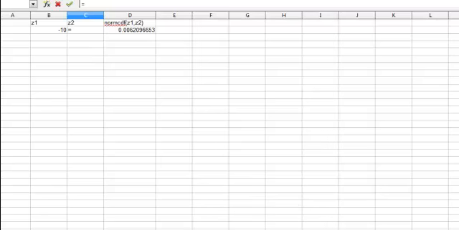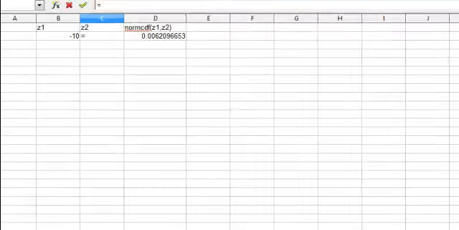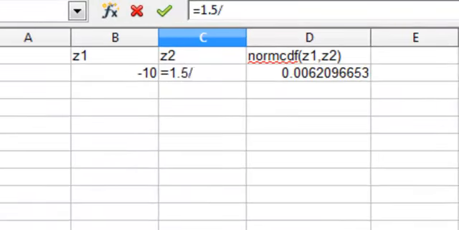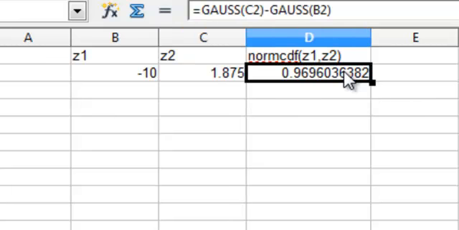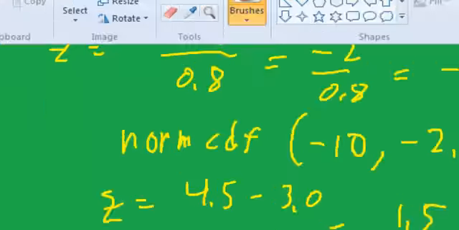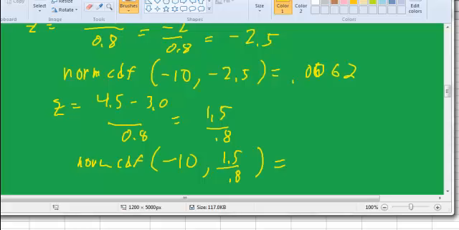Now we have our answer of 0.9696, or we'll just call that 0.97. So that says that 97% of the time we'll get 4.5 inches of rain or less.